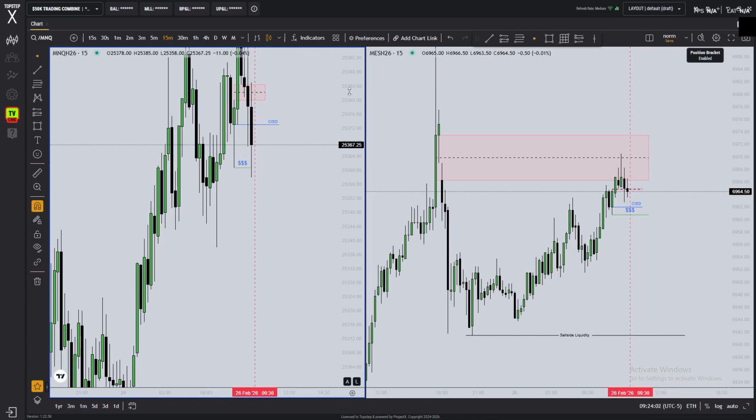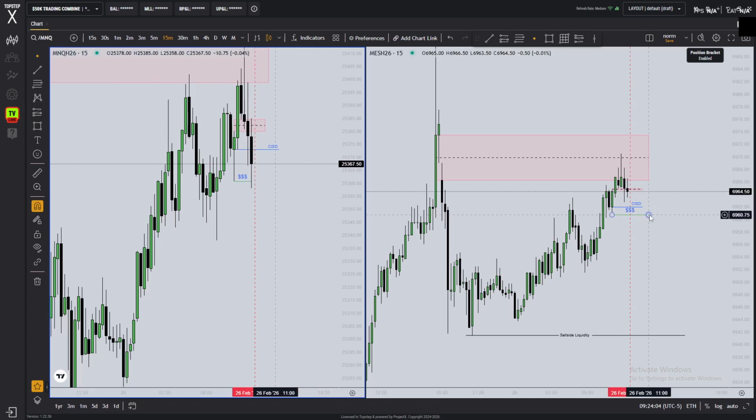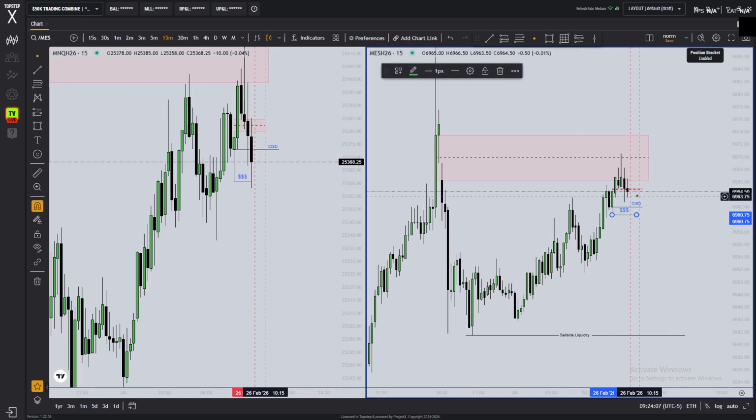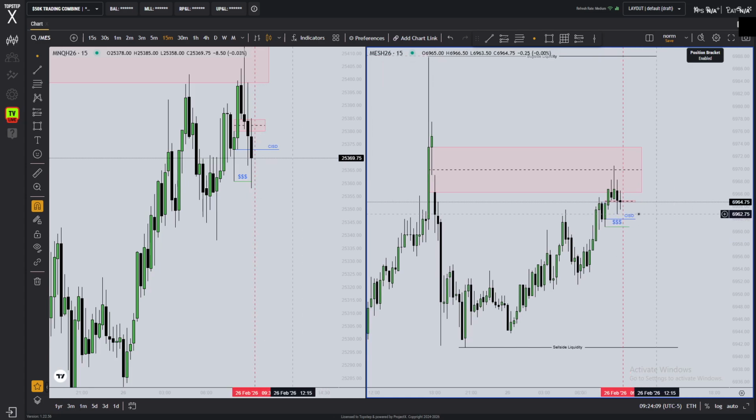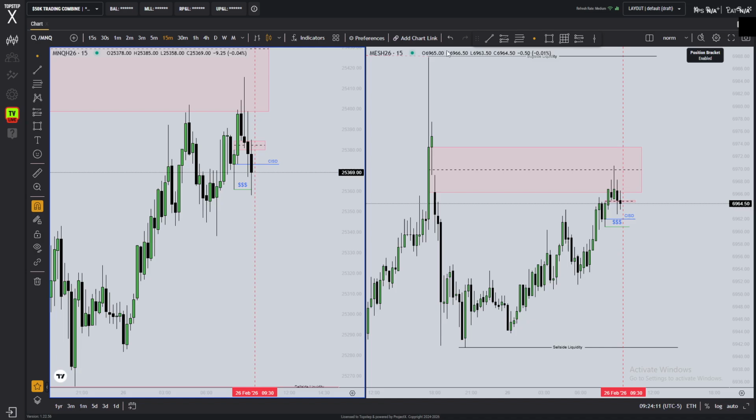Now, if we do not put a change in on ES and this low doesn't get taken, then we have a bullish SMT. So we already have it. It's already confirmed that we have it.